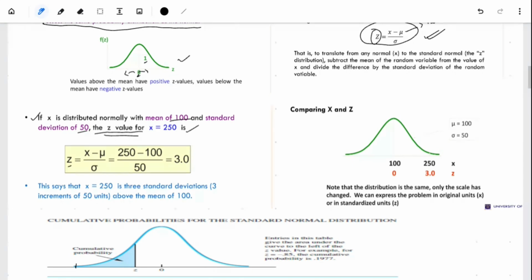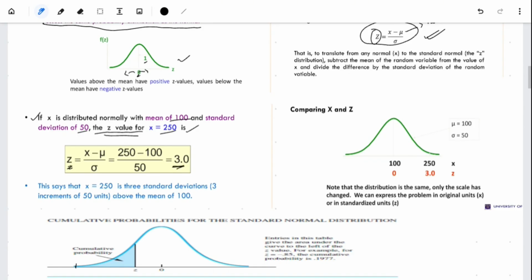To find the z value, z is equal to x minus the mean over the standard deviation. In the question, our x was 250, our mean was 100 and our standard deviation was 50. When you calculate them, you're going to get 3.0. So this is the value for the z, right?